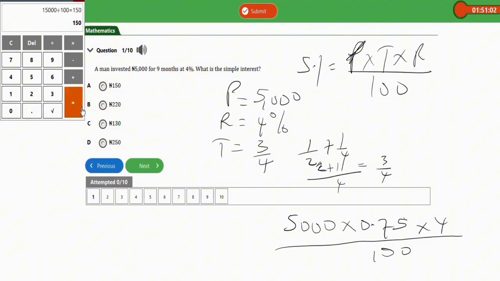We have it to be 150 naira. So the simple interest is 150 naira. It's as simple as this, and that's how you can solve this kind of problem.